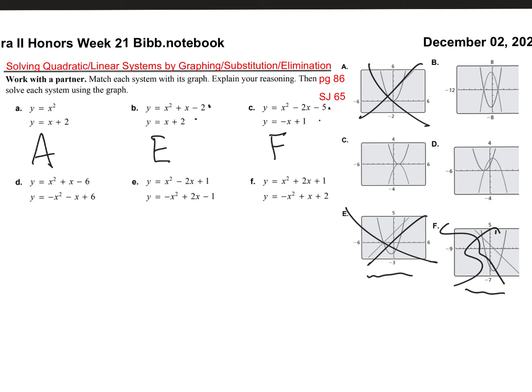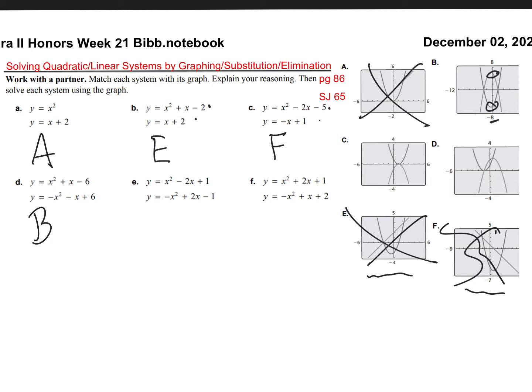And the y-intercept is +6 on the bottom equation for letter D. So +6 and -6, it looks like the only graph that has that is letter B. That looks like +6. That looks like -6 because this says -8, so I believe that's correct.